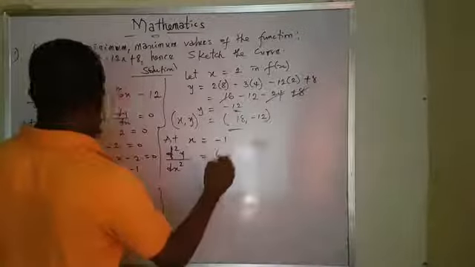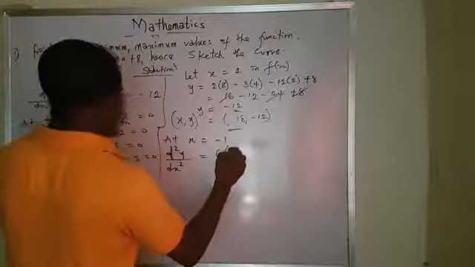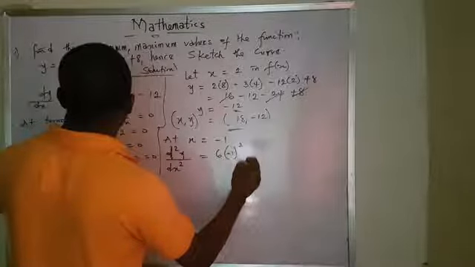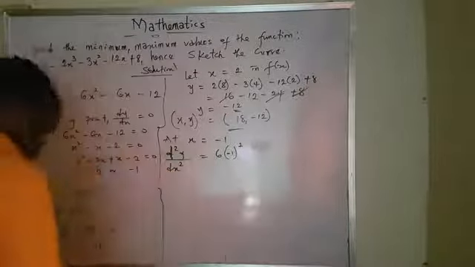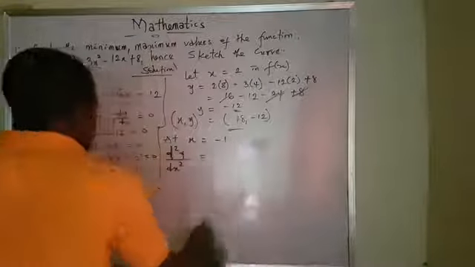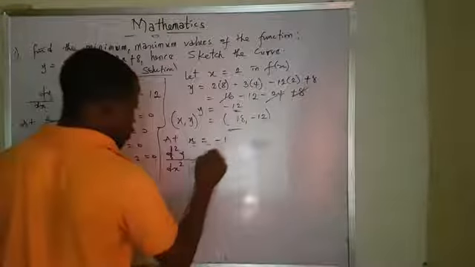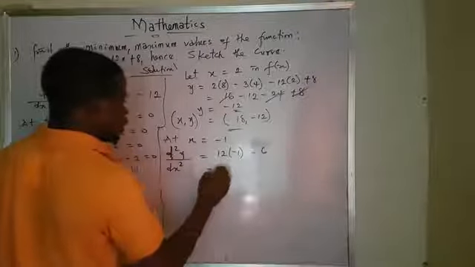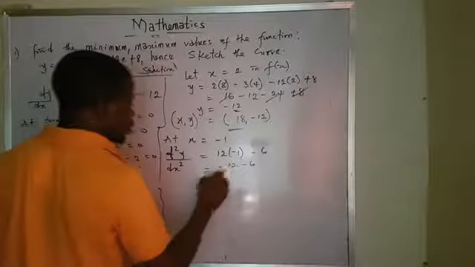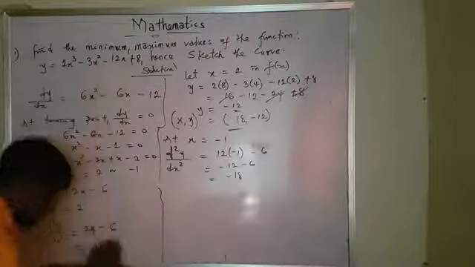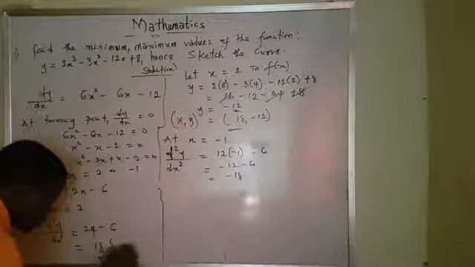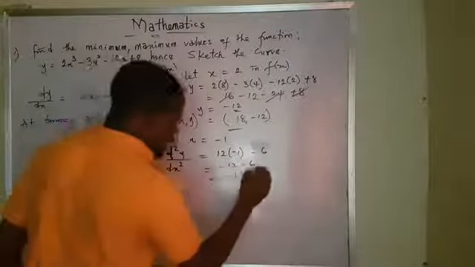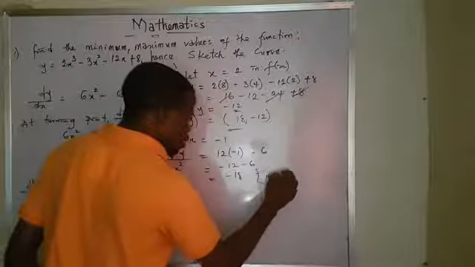So we have 6 open bracket minus 1 squared... the d squared y, sorry, I made that mistake. 12 open bracket minus 1 minus 6. And that gave me minus 12 minus 6. That becomes minus 18. Here, it is minimum. Let me note that. Here it is minus 18, it is maximum.